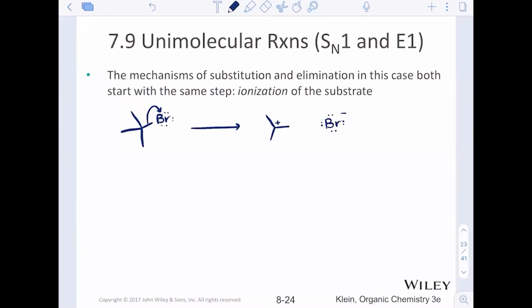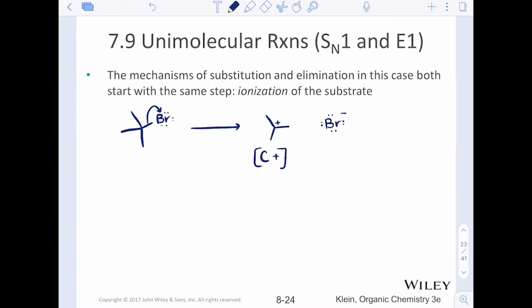It's a good leaving group, but the reason this reaction can be seen as a first order reaction, loss of leaving group by itself, is because we have a carbocation as well. So remind us of our carbocation stabilities. Allylic is the most stable carbocation, then tertiary, then secondary.